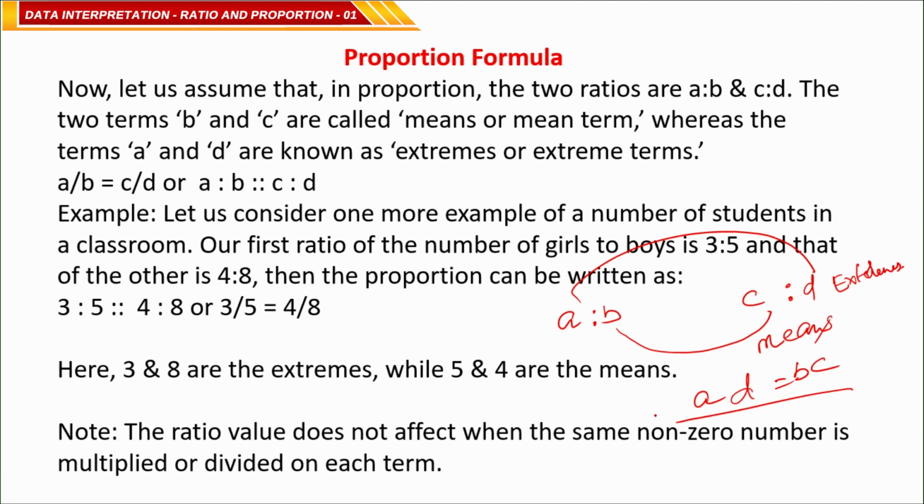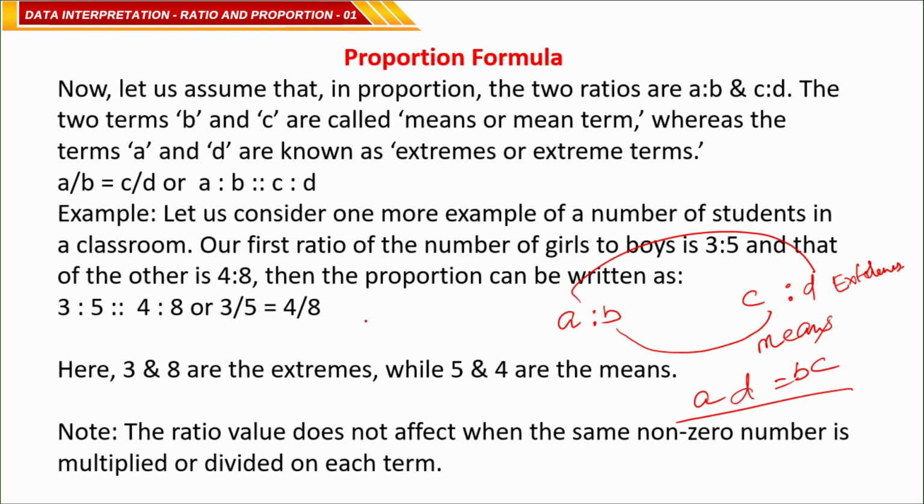If the product of means is equal to the product of extremes, then we can say that the two ratios are in proportion. For example, take the number of students in a classroom: the ratio of girls to boys is 3:5 and the other is 4:8. We can write 3:5 as 4:8.